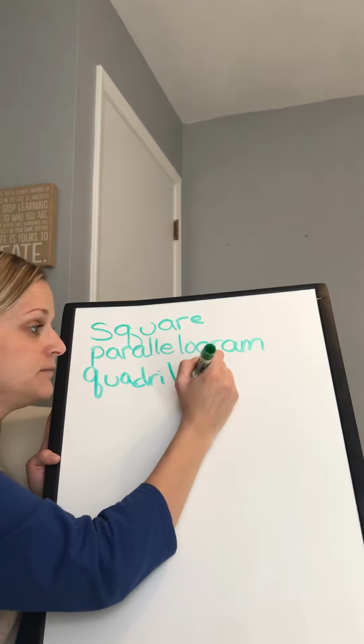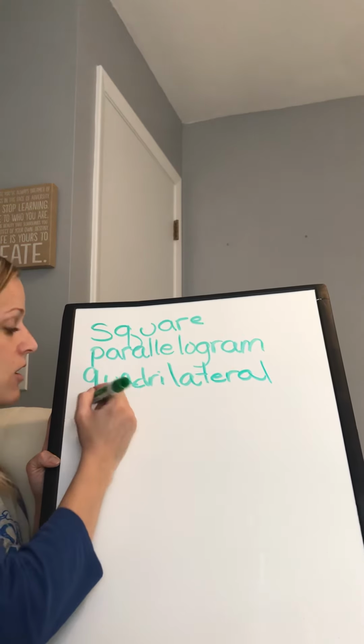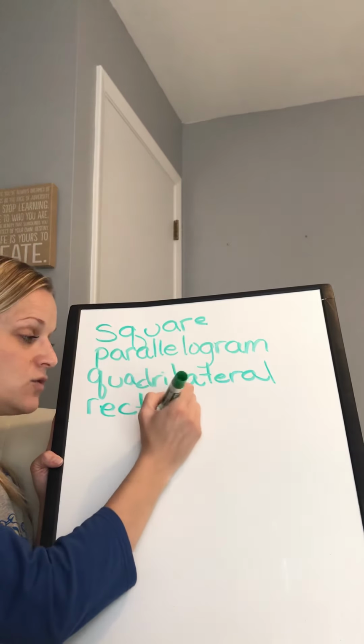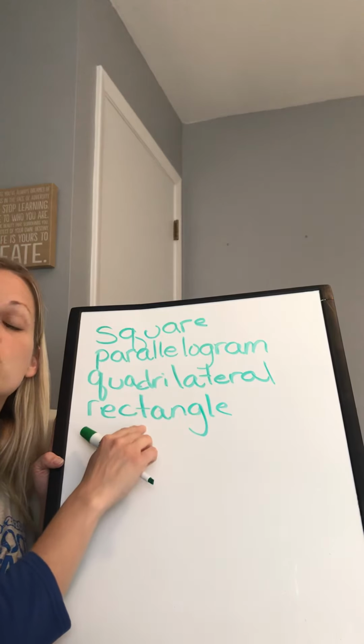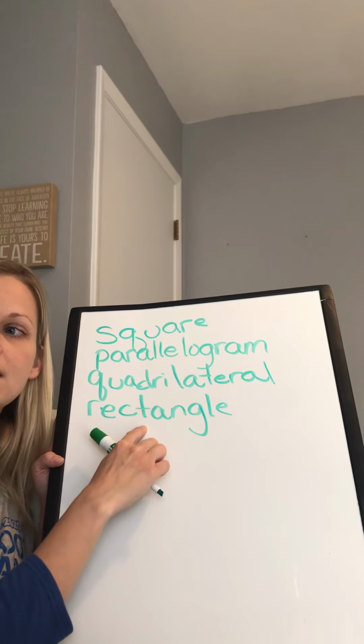What else can we call a square? Well, we can call a square a rectangle as well, because a rectangle by definition has two pairs of parallel sides and it has two sides that are of equal length and it has four right angles. Okay.